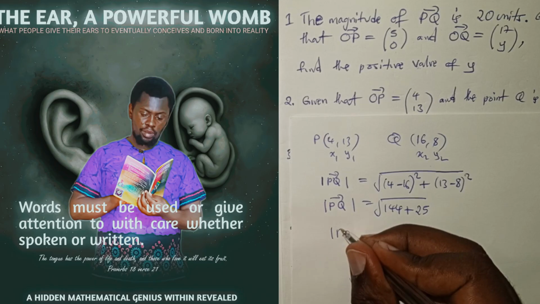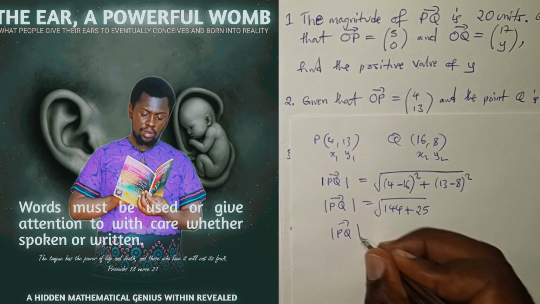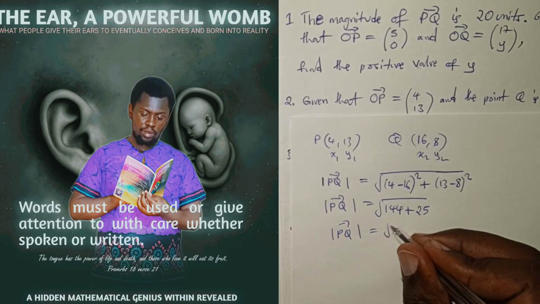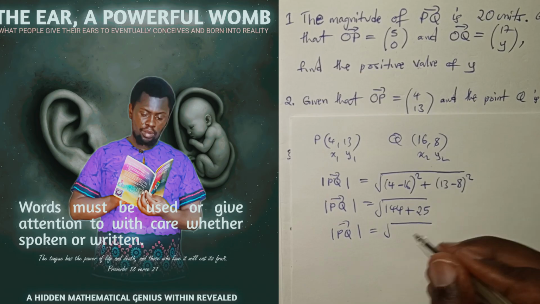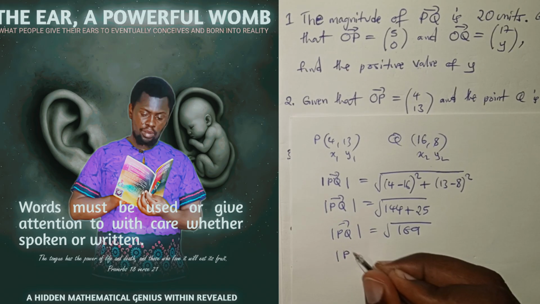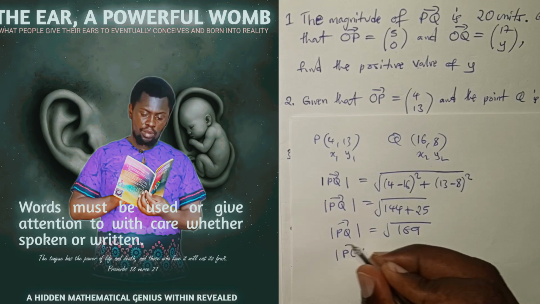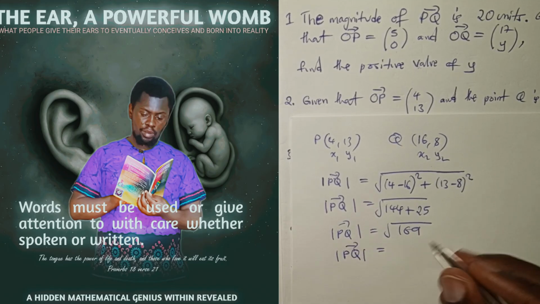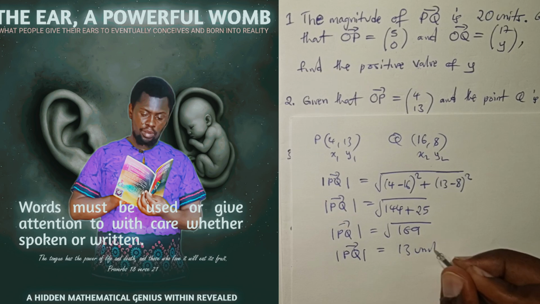So the absolute of PQ is equal to the square root of 169. And what is the square root of 169? Yes, we get 13. So the magnitude of PQ, or the absolute of PQ, is equal to 13 units.